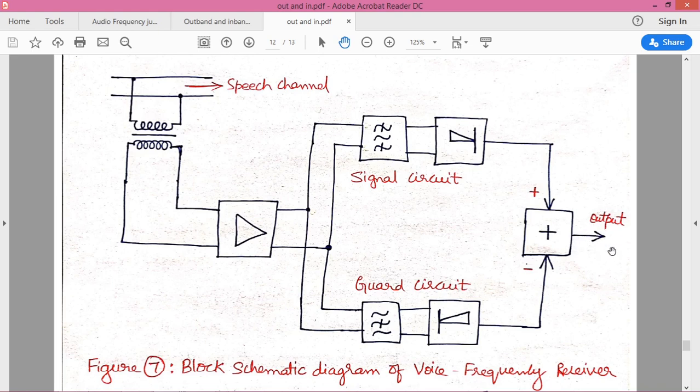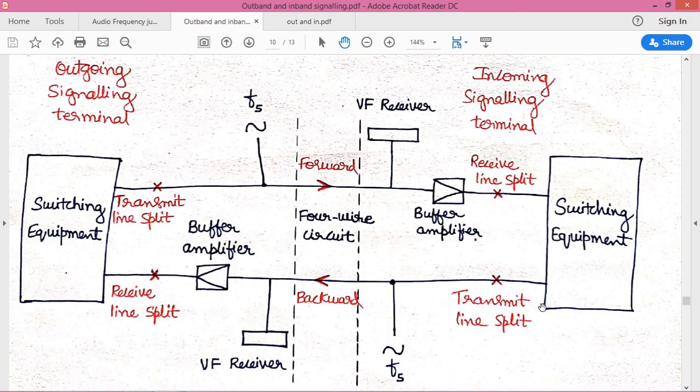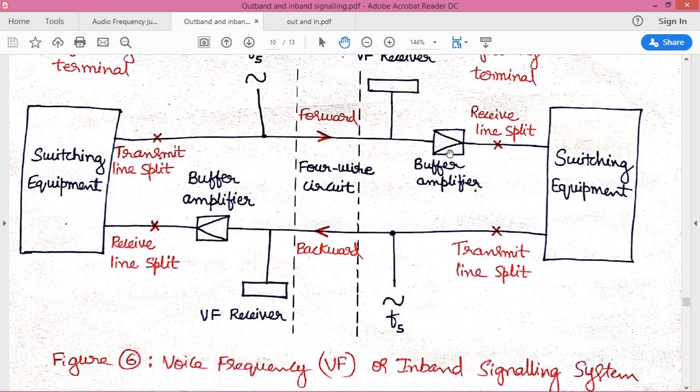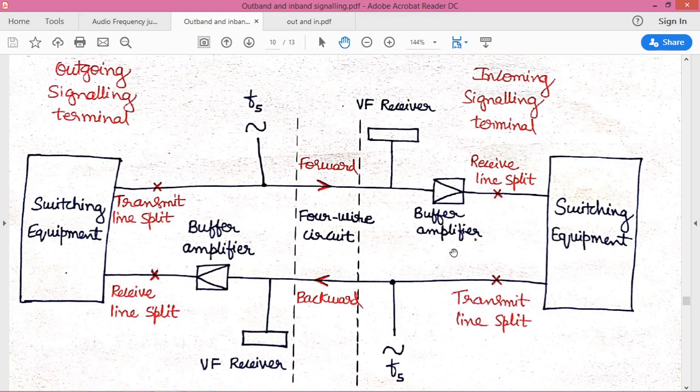So if there is no output from the comparator, in that scenario the VF receiver will understand that right now some control signal is coming into the system and the switching system has to take certain action. That is how the VF receiver operates inside our in-band signaling system.